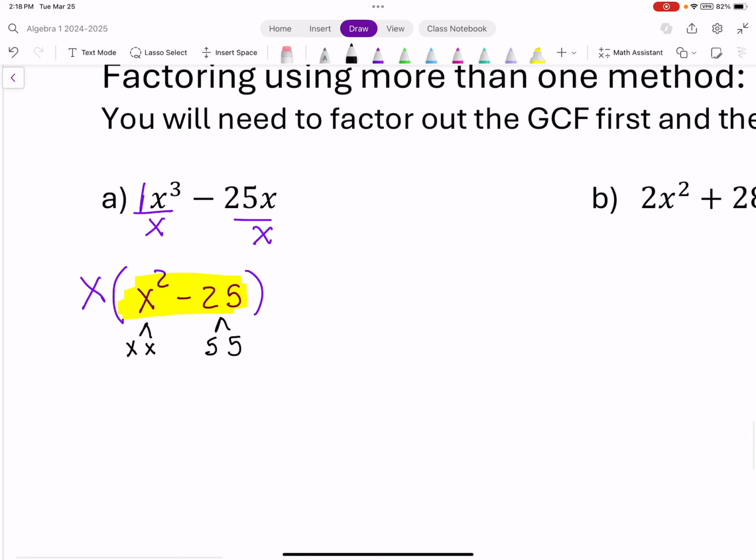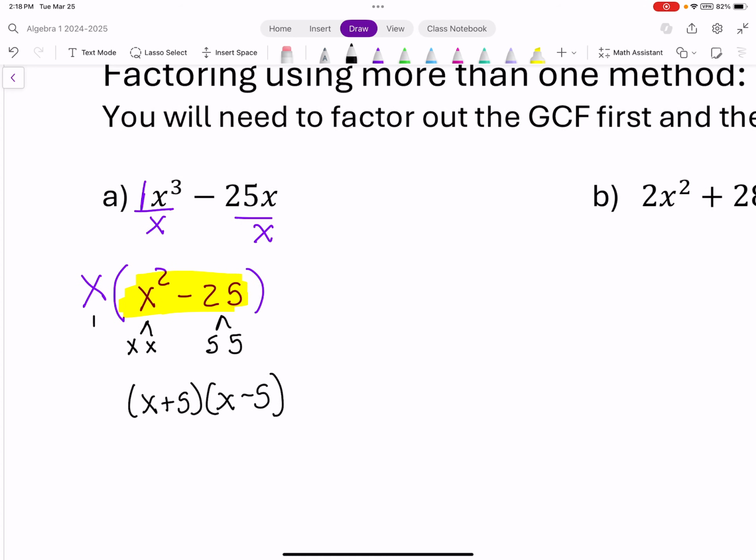So this part in the highlight is going to be x plus 5 and x minus 5. I still have to bring down that GCF though, because that completes my problem. It's the GCF and then the factored parentheses.